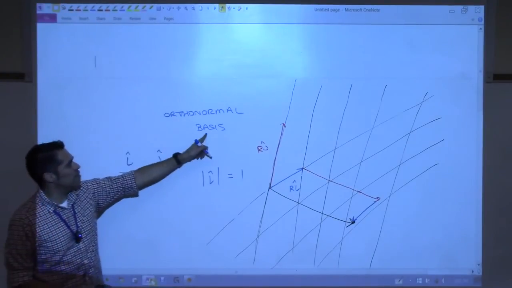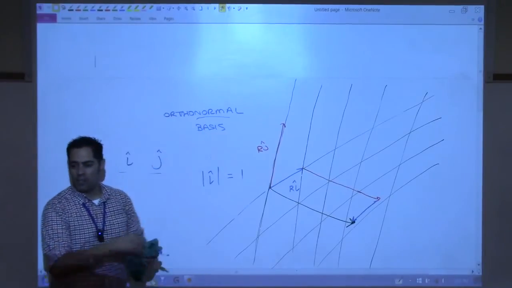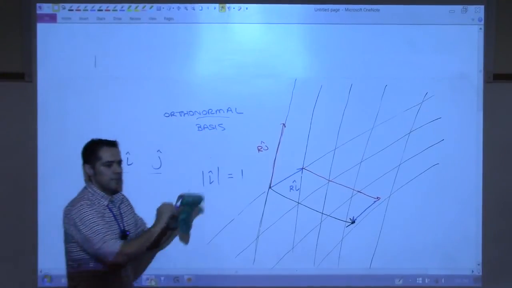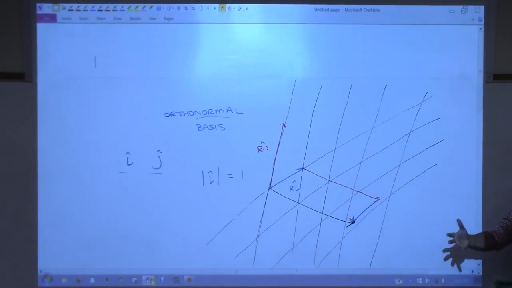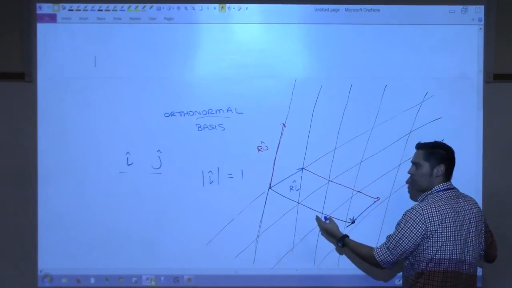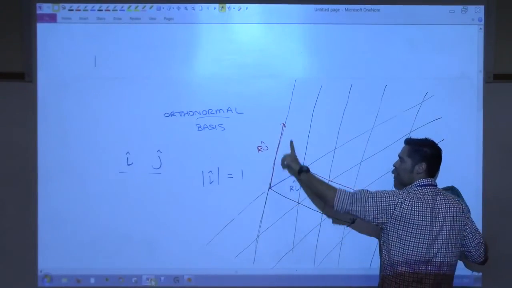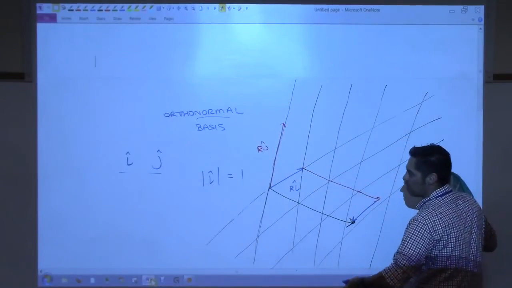So you have two basis vectors that are perpendicular to each other. Normal means that they have unit length, and basis means they span the entire space. That's a very special basis, and that's why we like to use it, because it's an orthonormal basis. But this is an example of a basis, but it's not an orthonormal basis, because these don't have unit length, and they're not perpendicular to each other, but it still spans the space.